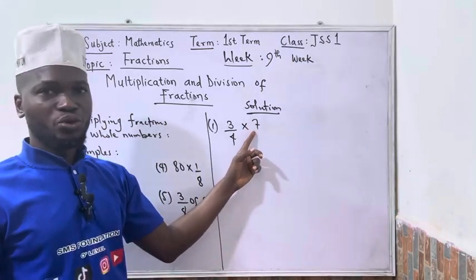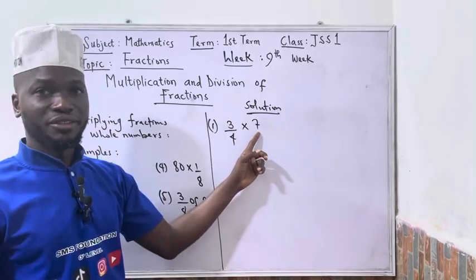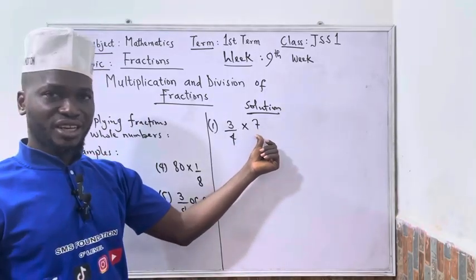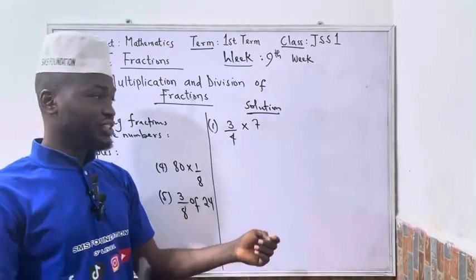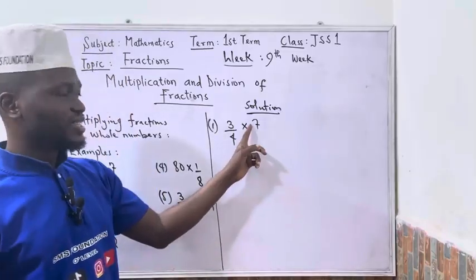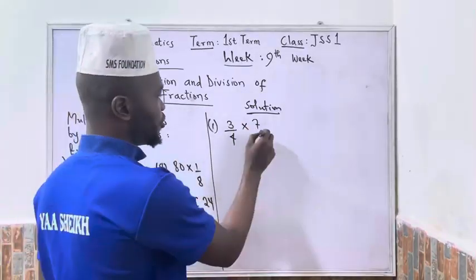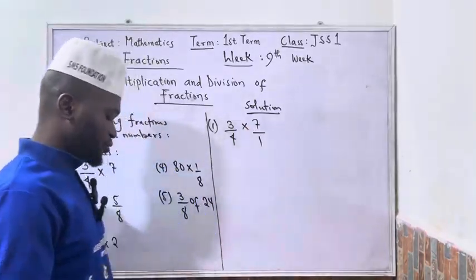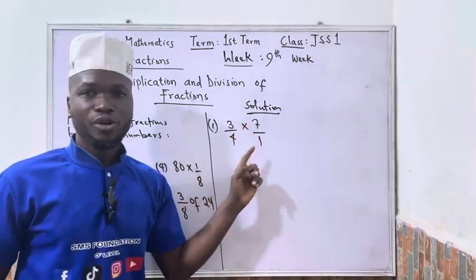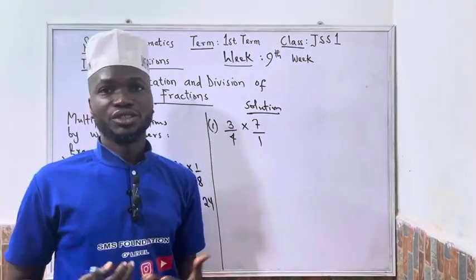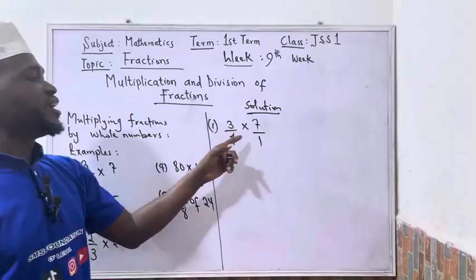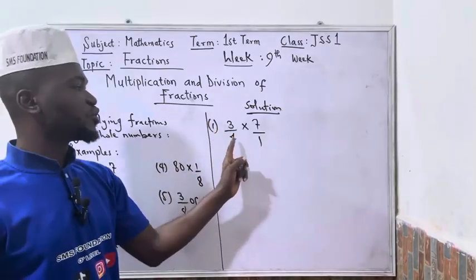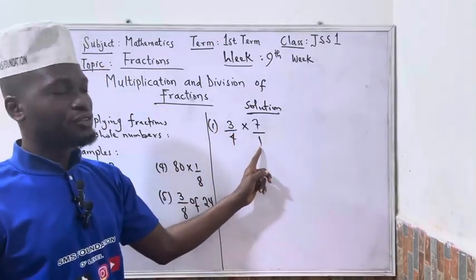Clearly, there is no visible denominator here, but we can generate it. Of course, you know that 7 is the same as 7/1. So 7/1 means 7 divided by 1, which is the same as 7. So that will enable us to have something to multiply with the 4.